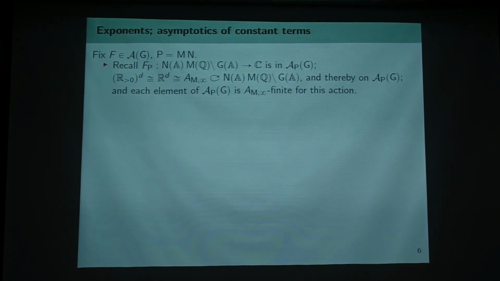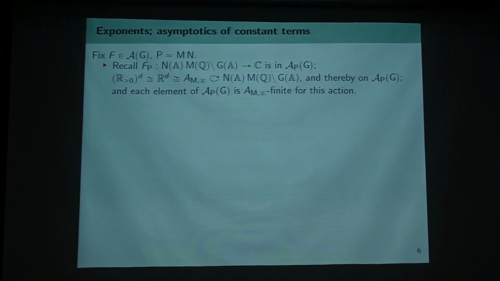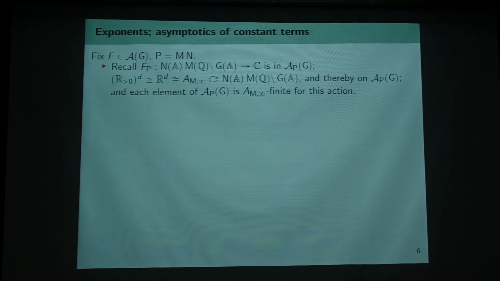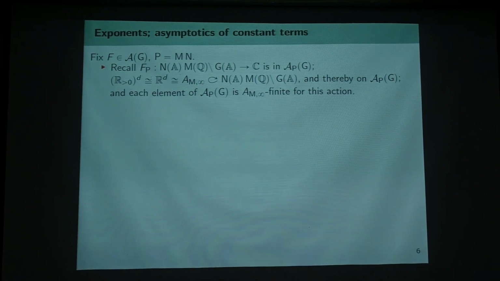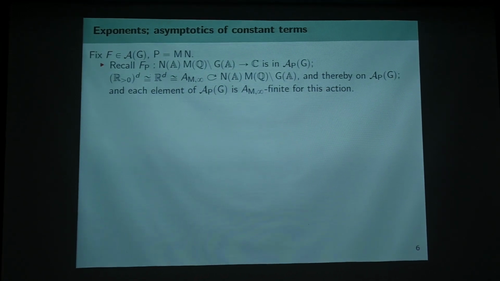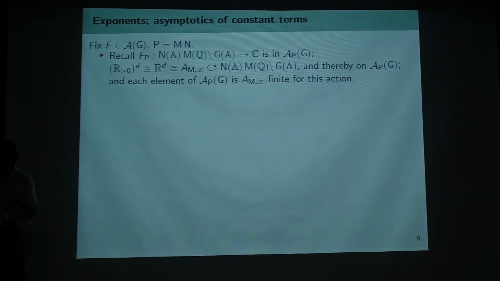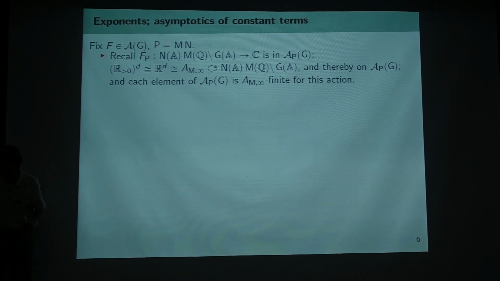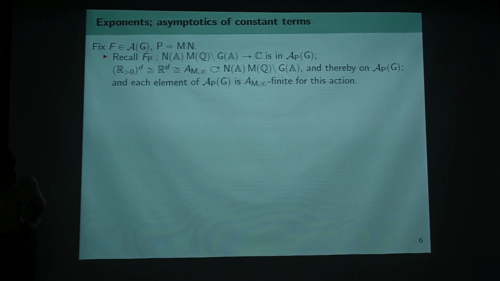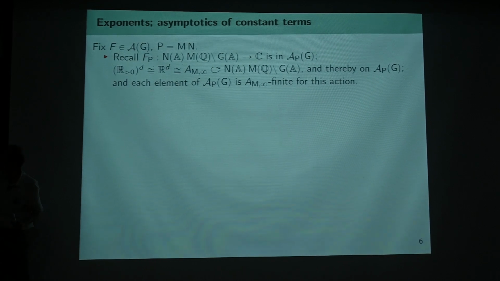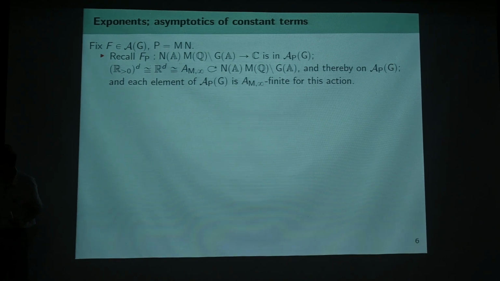When you want to analyze functions on G(A) modulo N(A) M(Q), what do you do? I said that Iwasawa decomposition gives you a homomorphism called H_P into A_P. Namely, you write an element here as n a m k, and then you look at log a. So that is what Iwasawa decomposition gives you. And I told you that this is the analog of log y.